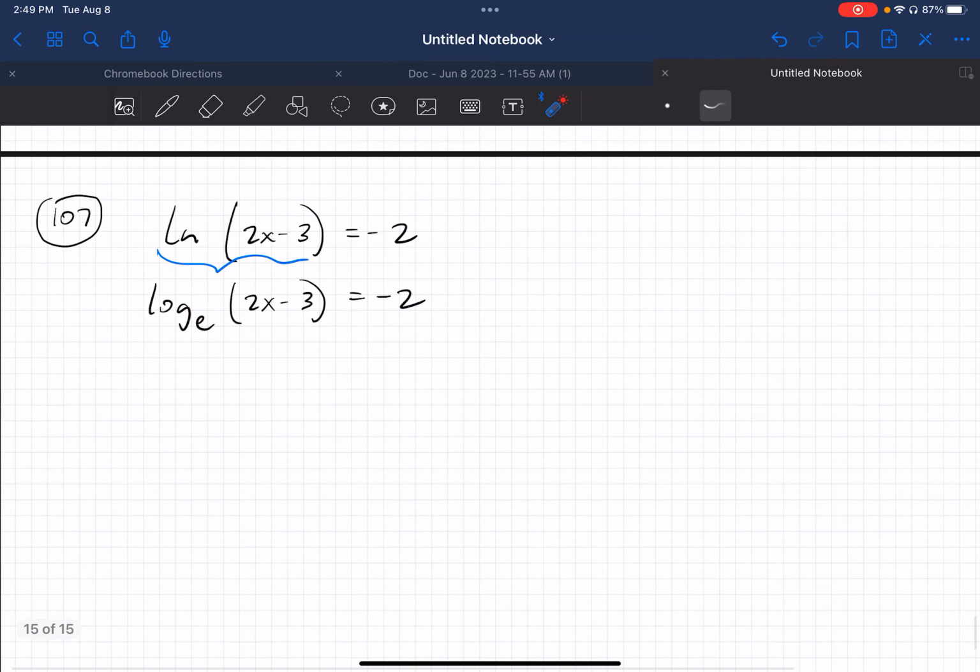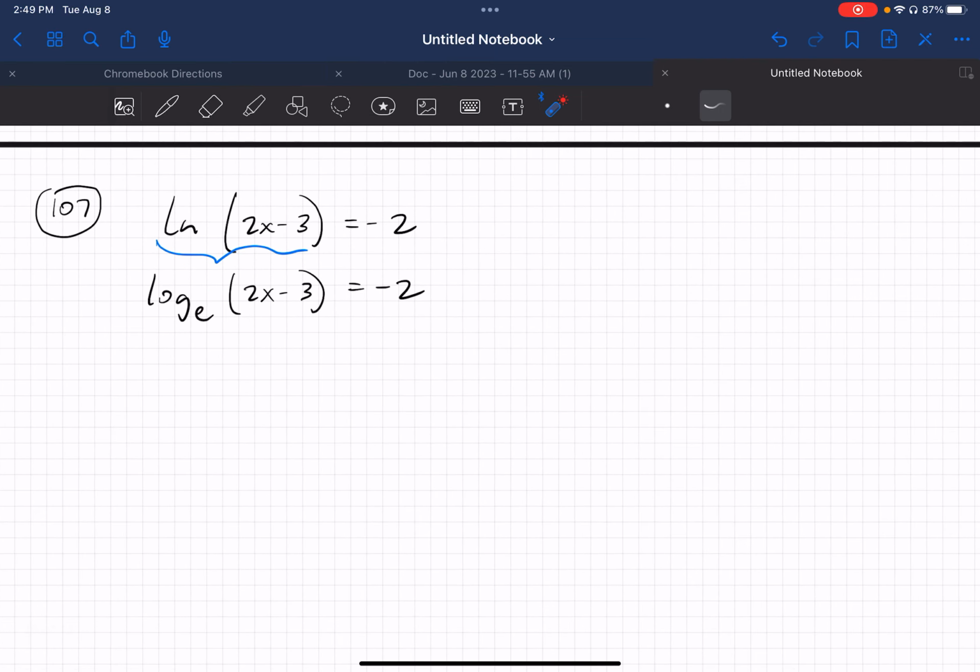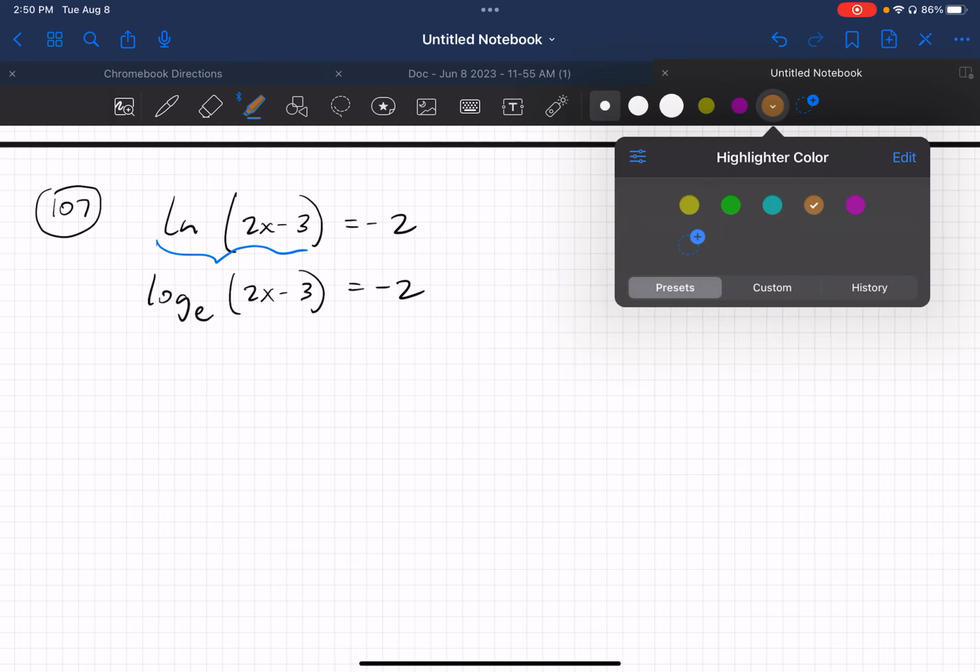Okay, and then the last one, 107. You're solving a natural log equation. So remember, anytime you see natural log, all it means is log with a base of e. That's all it is. To do that, we want to solve for x. X is what we want to solve for. So we need to get rid of the log, because the log is not going to help us.